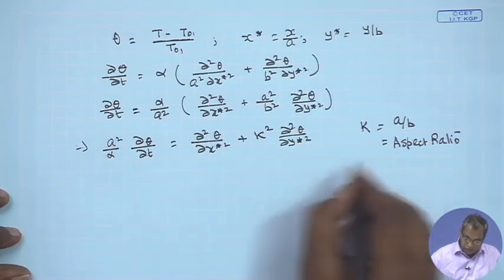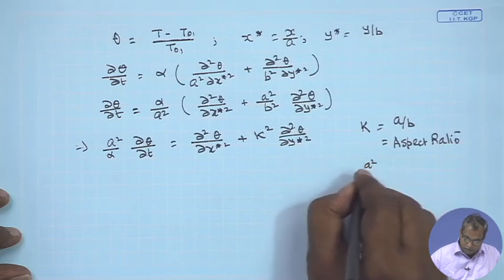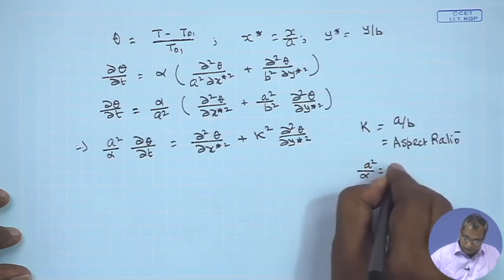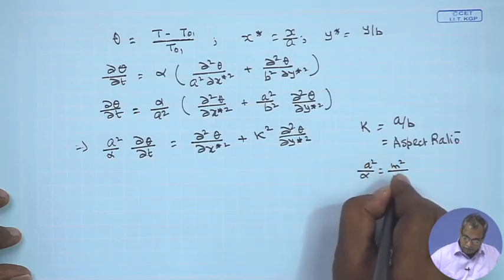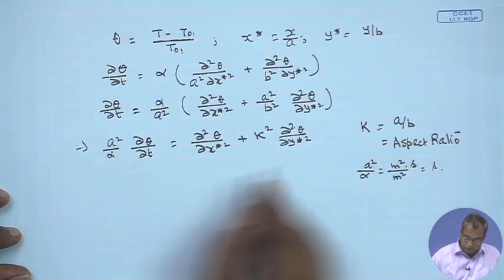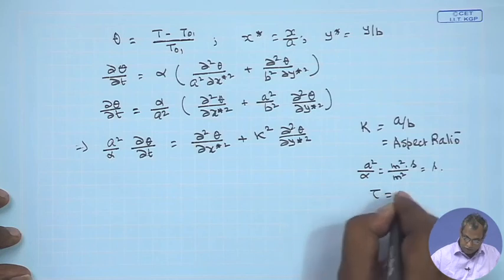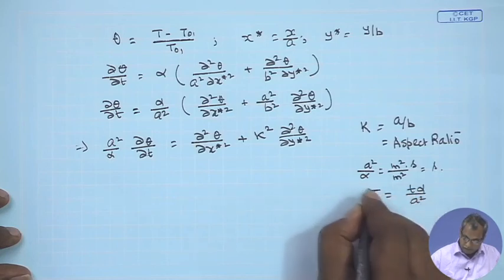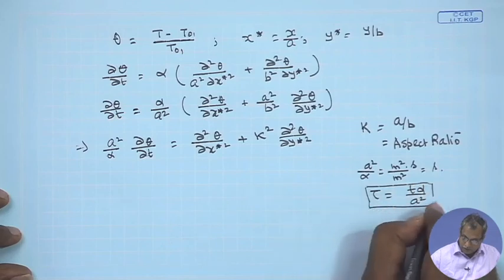If you really look into that, a square is meter square and alpha has a unit of meter square per unit time, so a square by alpha will have a unit of time. So, they will be identical. So, tau, we define as t alpha over a square, is the non-dimensional time.